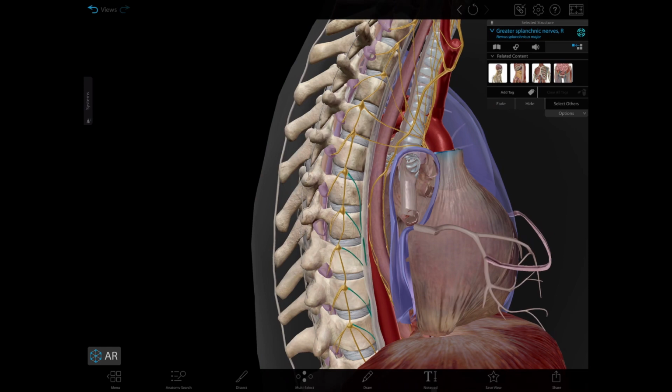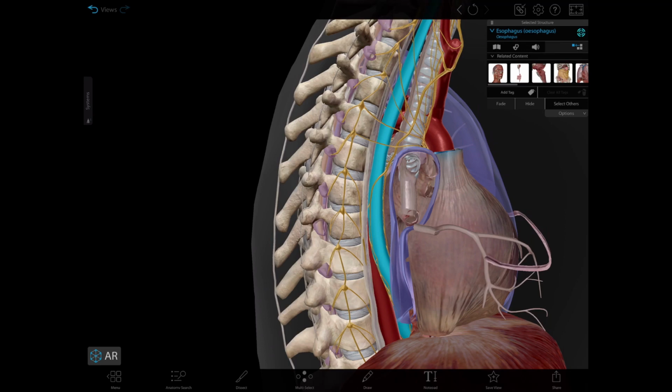There's also going to be a lesser splanchnic nerve that typically originates from the 9th and 10th ganglia, and the lowest or least splanchnic nerve that originates from the 12th ganglion, which is lower. And these nerves have visceral sensory fibers contained in these branches, and they carry pain sensation from the thoracic and abdominal organs.